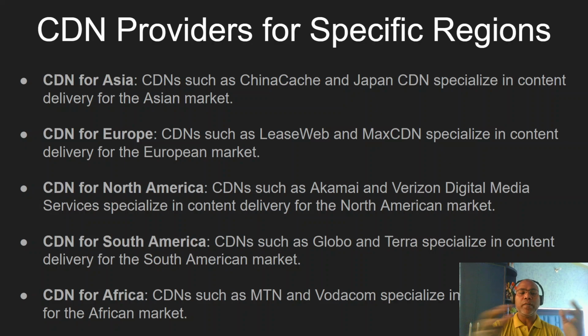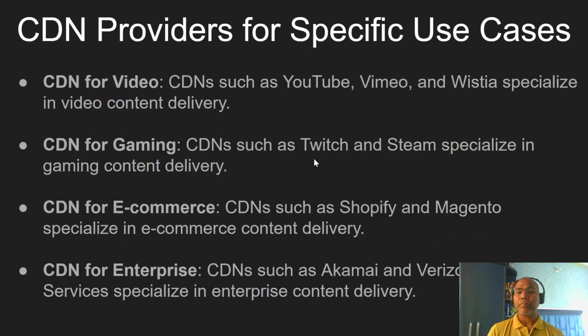You can go for a CDN for Asia, CDN for Europe, CDN for North America, CDN for South America, CDN for Africa. Whatever the continent, our CDN servers are available accordingly, and a specific CDN server is the best fit for your region.